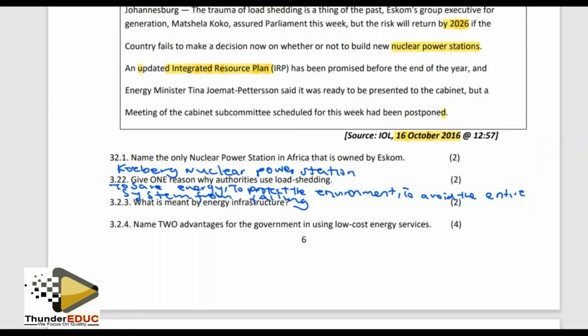Okay. What is meant by energy infrastructure?